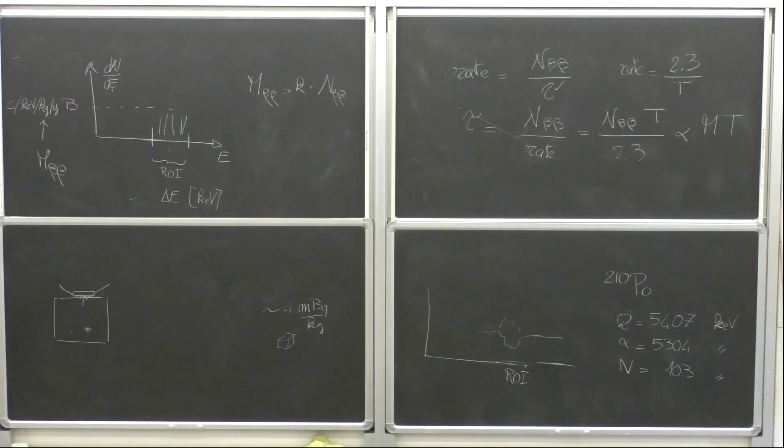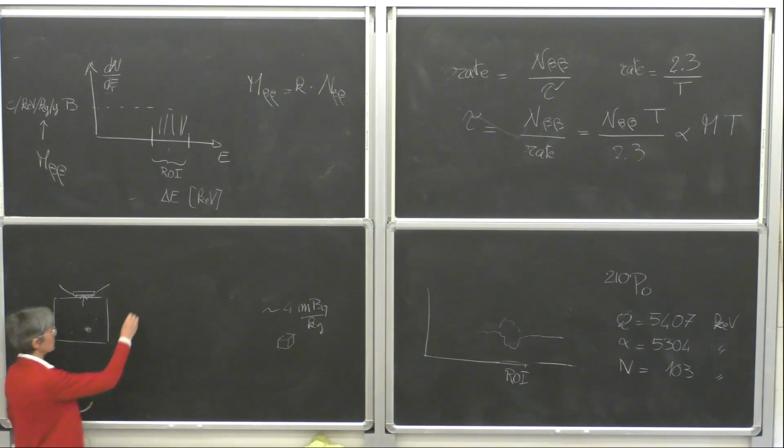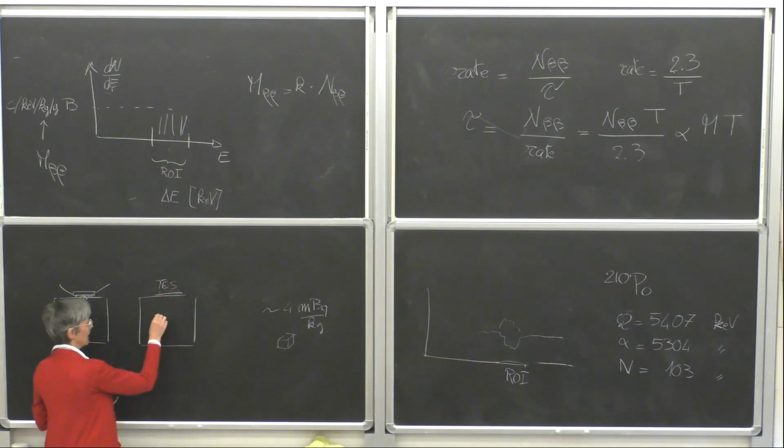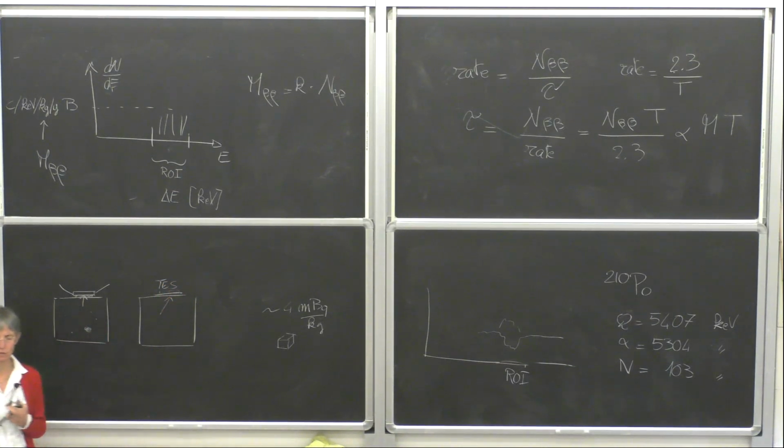In any case, all the diffusion is done. If you use a TES or something like that, so you just have a film here, it is possible that you are sensitive to high energy phonons. Therefore, in some way, you are sensitive to the diffusion.